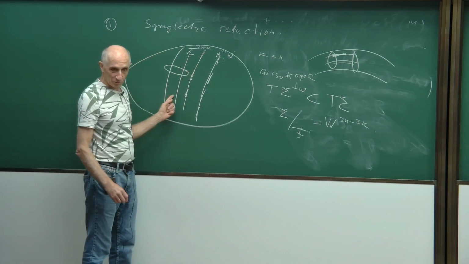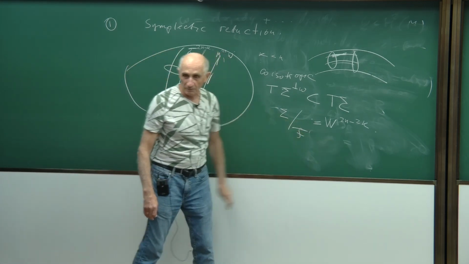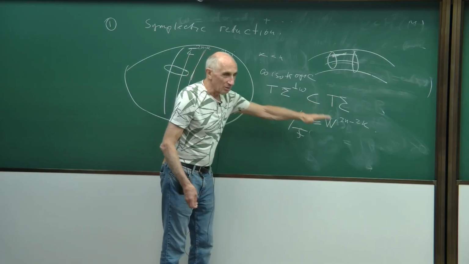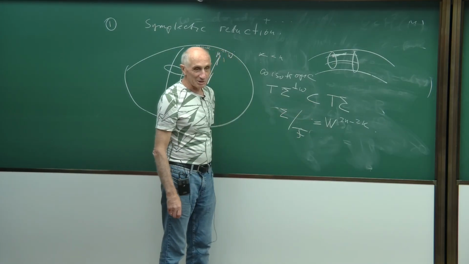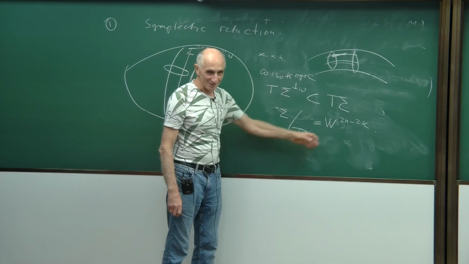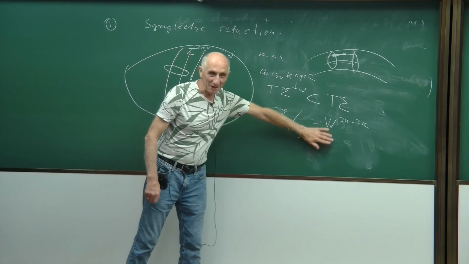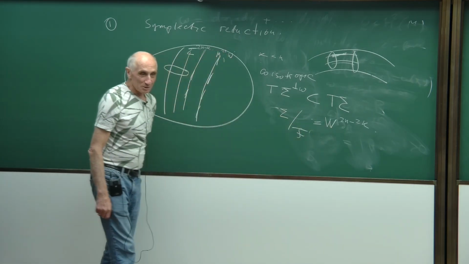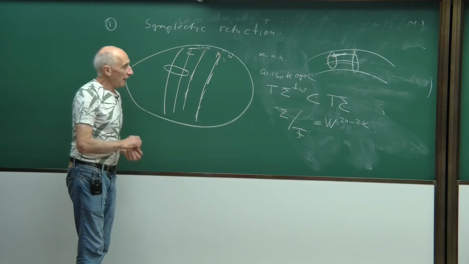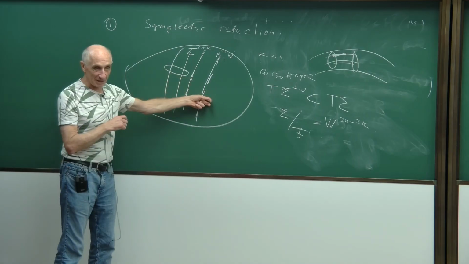This is 2n minus k, and you decrease by k, you get 2n minus 2k. So sometimes this happens. Let's call such a coisotropic submanifold, I don't know, nice, good, any good word. So you have such a nice coisotropic submanifold.